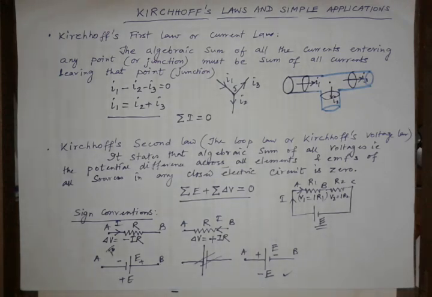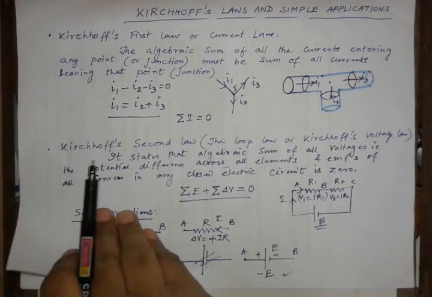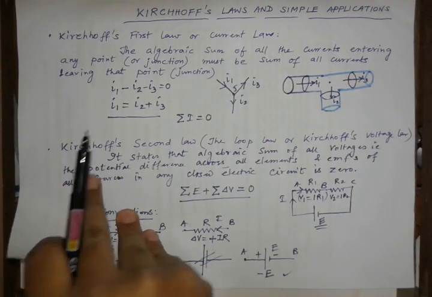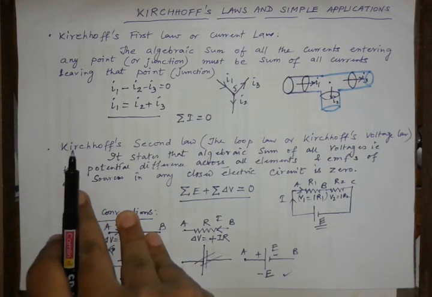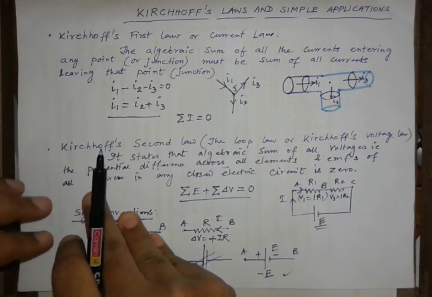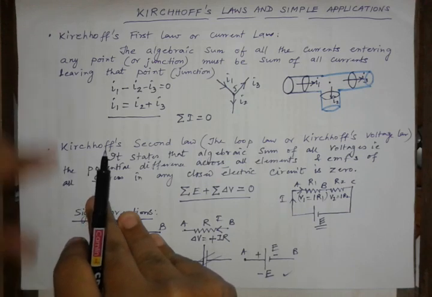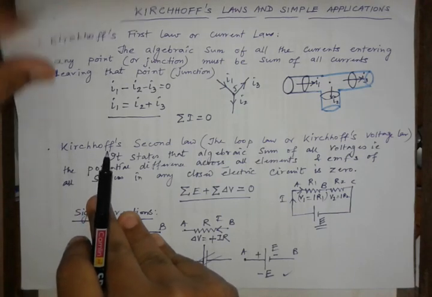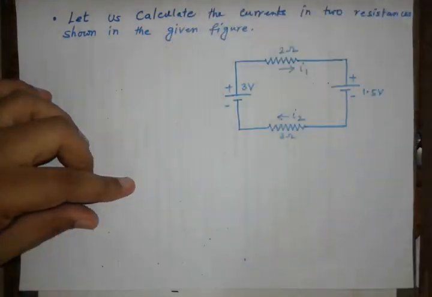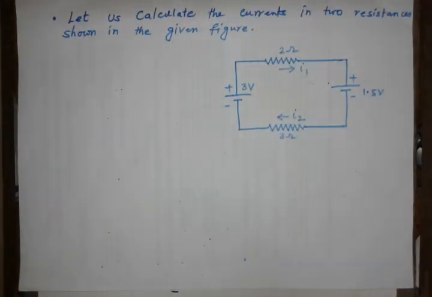Now we are going to solve a simple numerical using the Kirchhoff law, and I'll tell you the first step of what I have to do to solve the numerical. Now this is the numerical here.